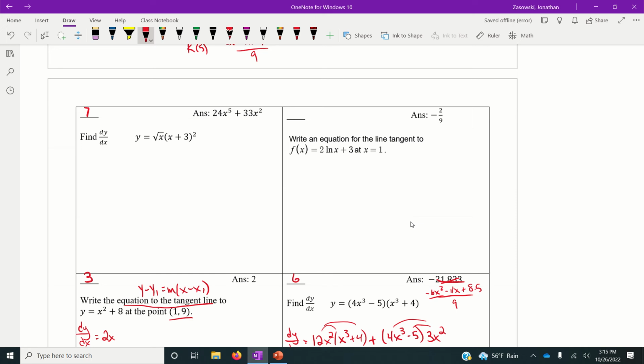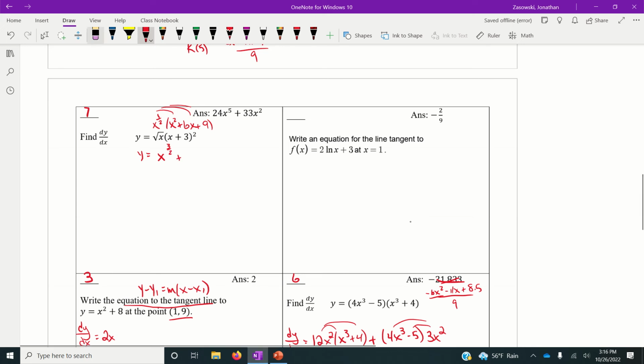Now, same concept again. There are 2 ways to do this question. First one is we want to think about this as x to the 1/2. And we know that when we multiply this out, it's going to be x squared plus 6x plus 9. If we go ahead and distribute through, we can just use our power rule. So this will turn into x to the 3/2 plus, or sorry, this is actually 4/2.